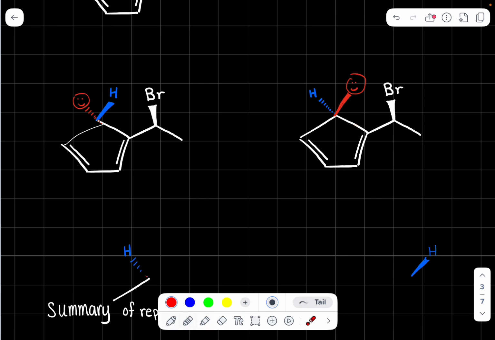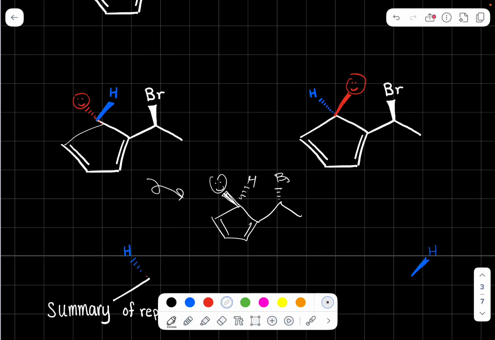I'll show you an example. If we imagine a mirror in the front of this molecule, you're going to get something like this. The bromine group becomes dashed, and so it is different from this molecule.